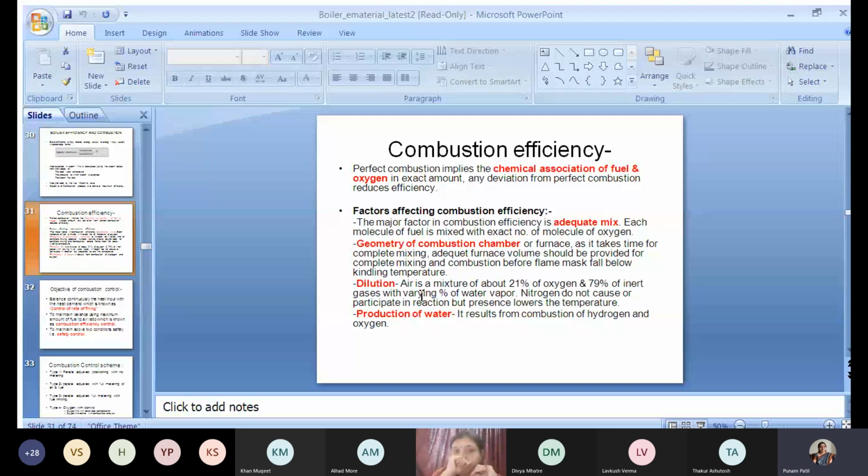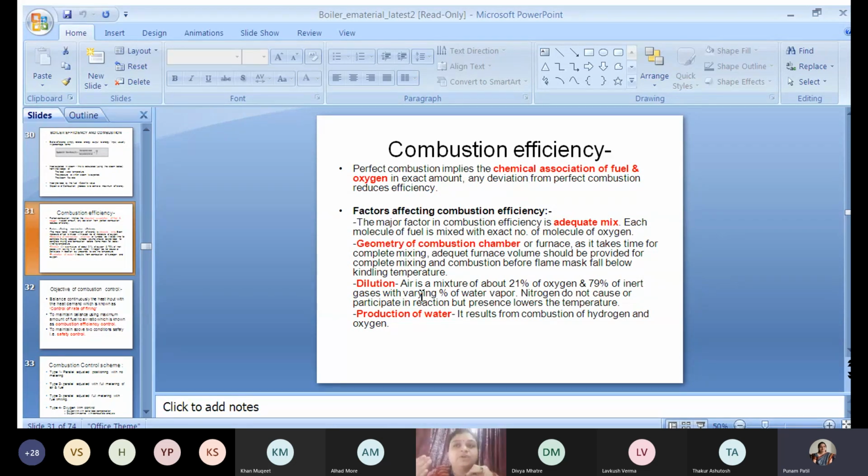So out of this, only oxygen is utilized in the combustion process, not the other gases. So 21% oxygen is utilized, but 79% nitrogen with other gas is not required. But still we cannot separate the oxygen from the inert gas and then only the oxygen is provided.